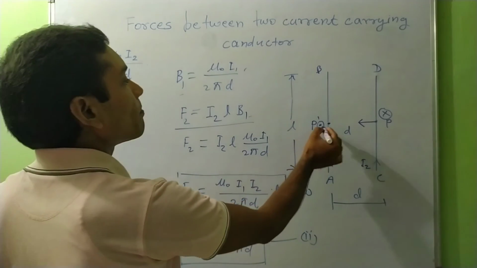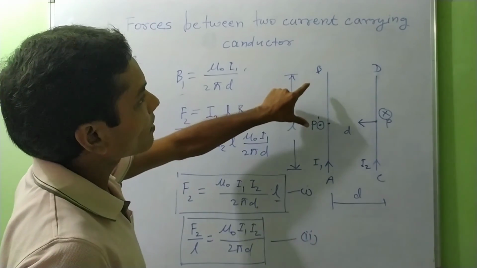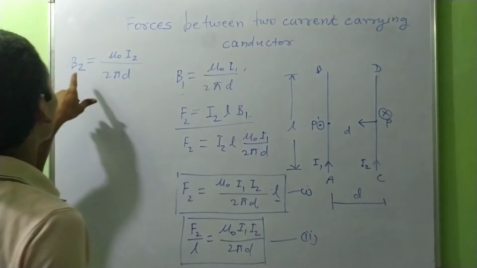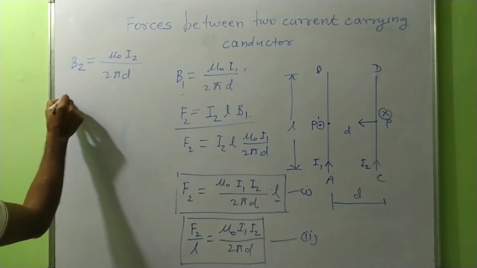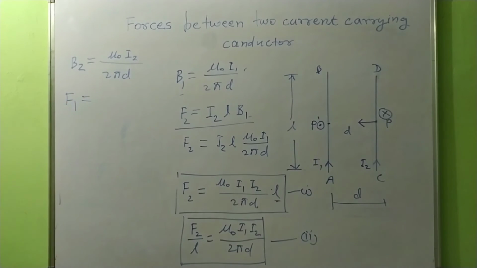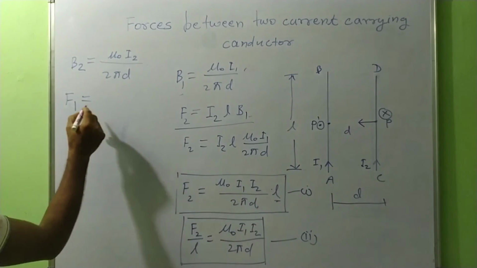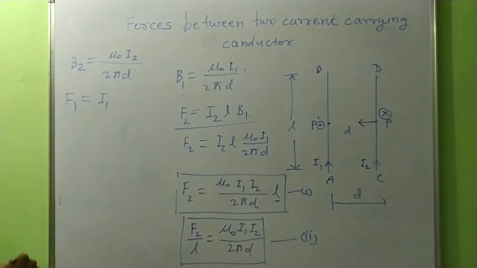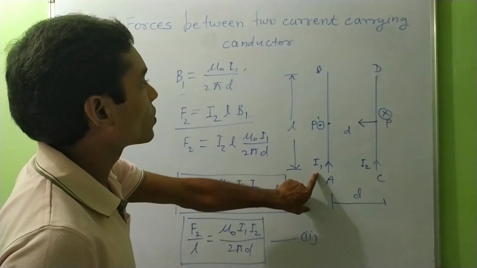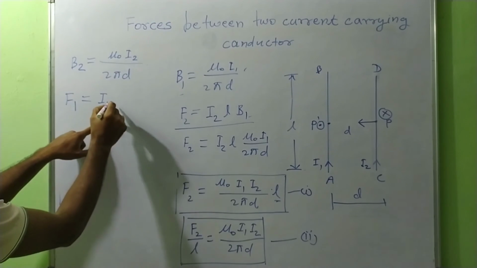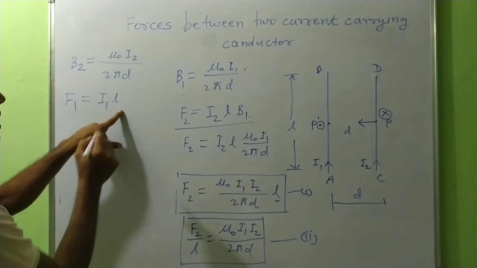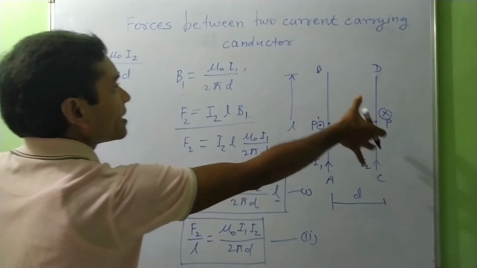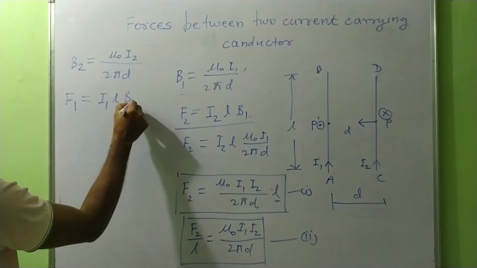Okay, at the point P dash, this conductor AB will experience some force because this conductor is placed in the magnetic field B2. So let the force be F1 for the first conductor AB. The current flowing through conductor AB is I1 and the length of that conductor is L, and this conductor is placed in the magnetic field of CD, that is B2.